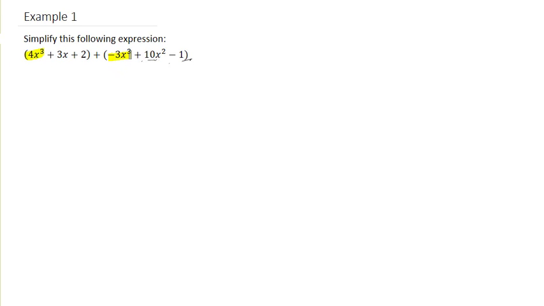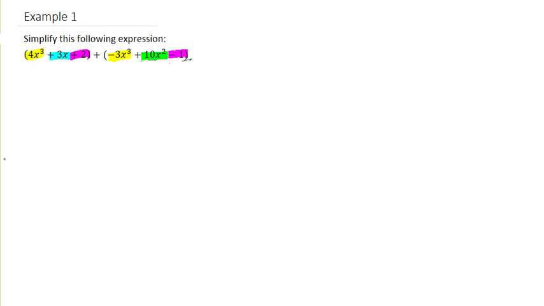So we can combine these two. Next, we have just 10x squared. So we'll just leave as is, as we can't add it to anything else. Then we just have 3x, as only one has an x value. And then finally we have two numbers which we can add together.